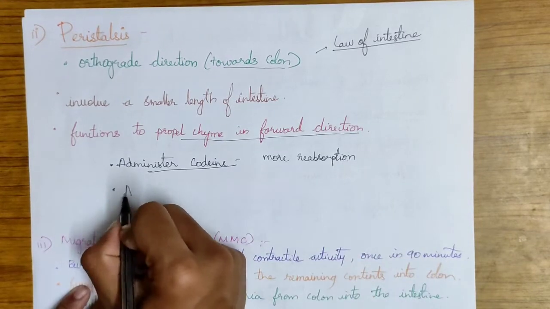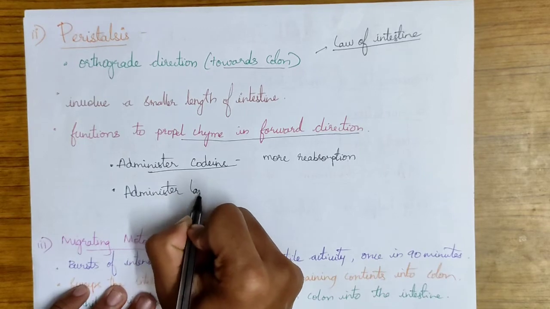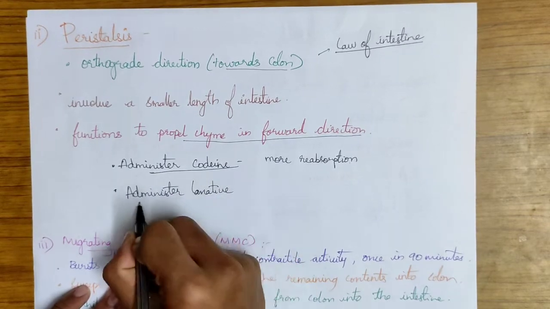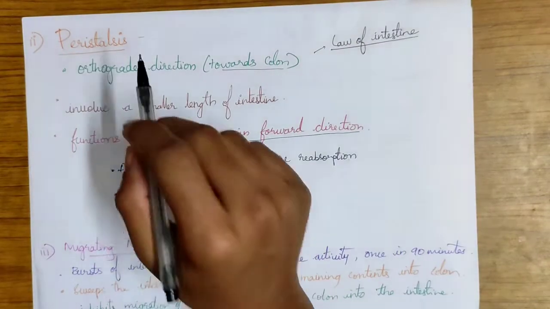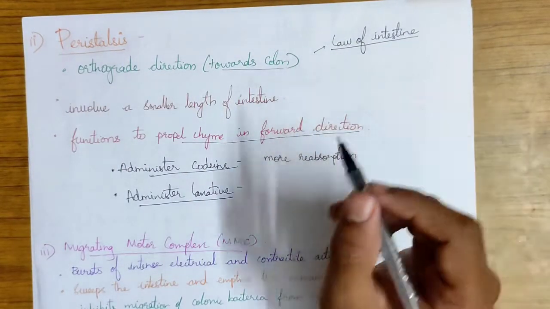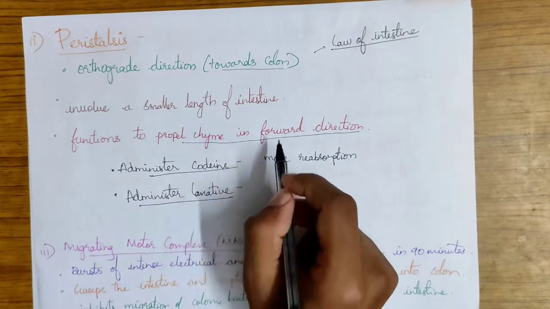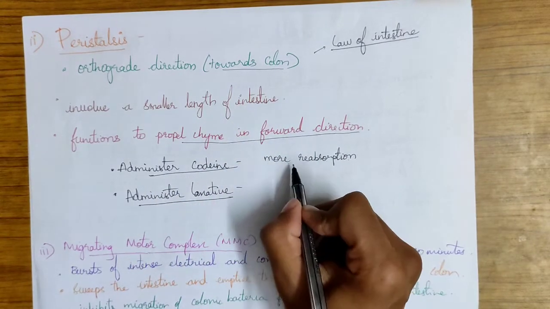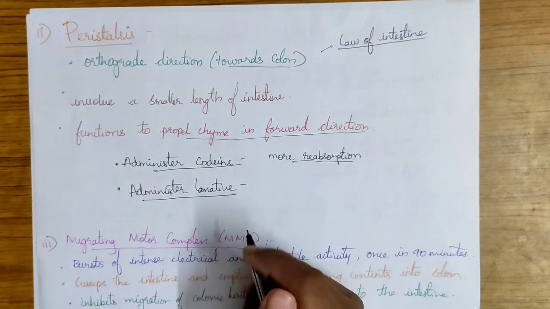When you administer laxative, the examples of laxative are oils. So when you administer this laxative, it will increase the peristalsis. In the administration of codeine, there will be increase in the time of peristalsis. So there will be more reabsorption. In the administration of laxative, there will be decrease in the time of peristalsis.